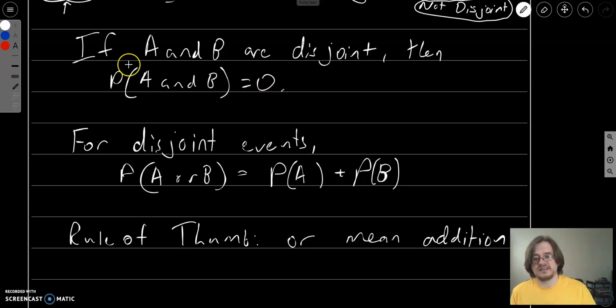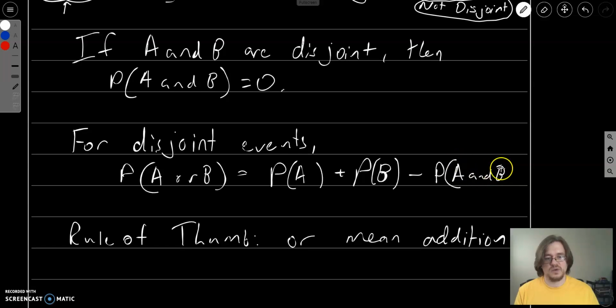So one of the nice things is that if you have disjoint events and you want to calculate the probability that A or B occurs, normally the formula would look like this, where you find the probability that A occurs, add it to the probability that B occurs, and then you prevent yourself from double counting by subtracting the probability that A and B happen at the same time.